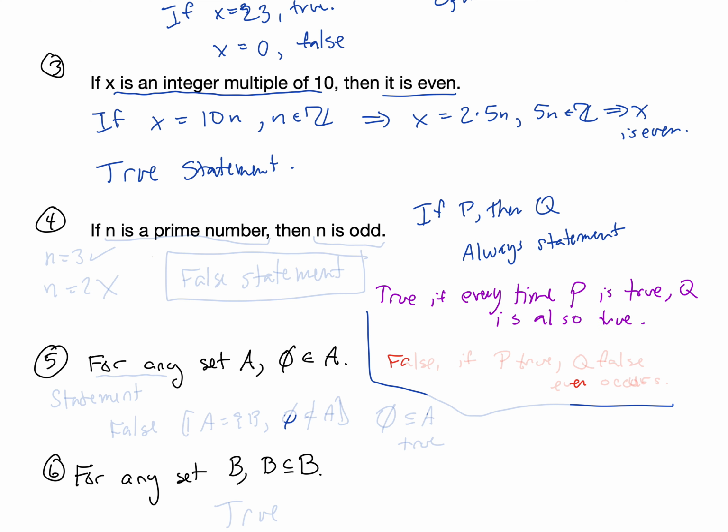And it's false if there's ever a situation where P is true but Q is false.